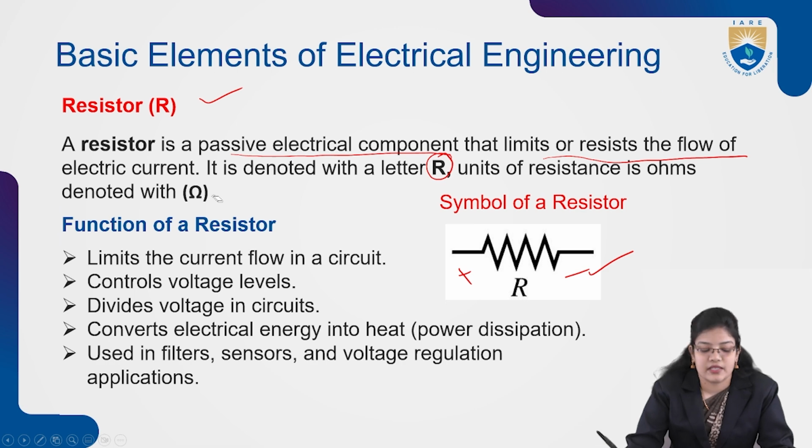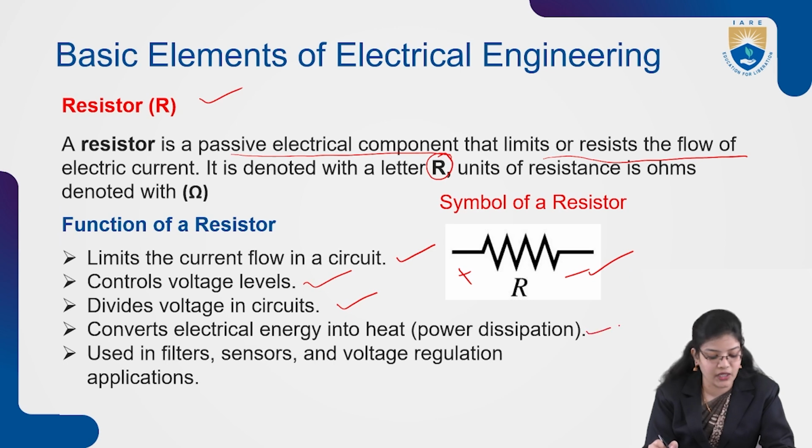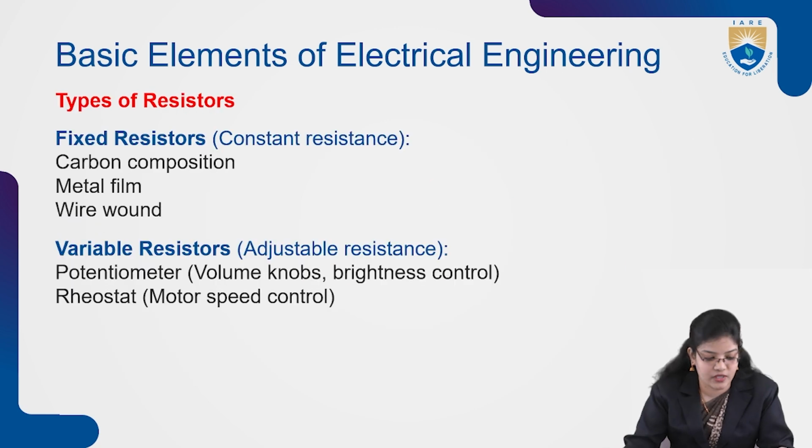The function of the resistor is that it limits the flow of current in an electrical circuit, controls voltage levels, divides voltage in circuits, and converts electrical energy into heat, which is power dissipation. It is used in filters, sensors, and voltage regulation applications. Coming to the types of resistors, they are classified into two types: fixed resistors and variable resistors.